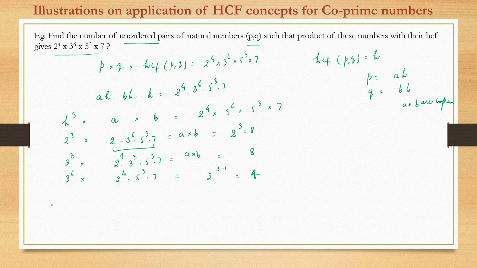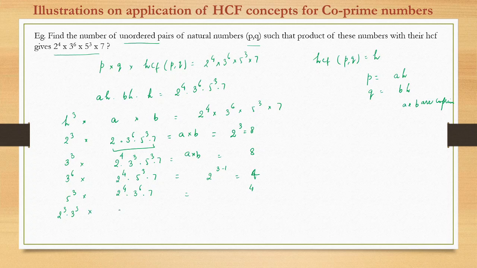Now suppose it takes 5 cubed. So it remains 2 raised to power 4 into 3 raised to power 6 into 7. So again it will be the same, 4 factors. Now suppose it cannot take 7. So now let's combine different ones. So it takes 2 cubed into 3 cubed, right?